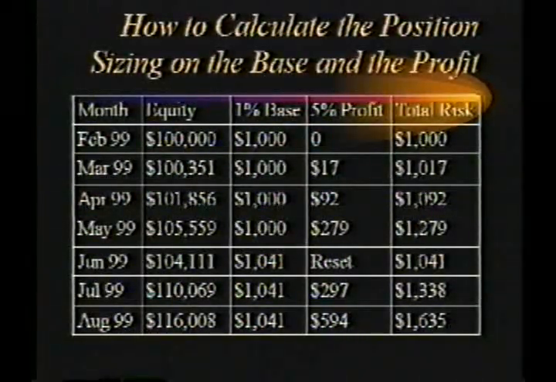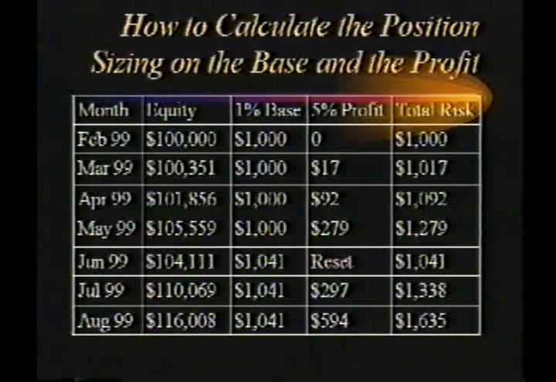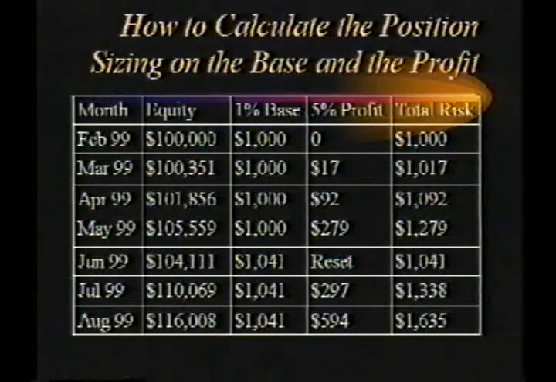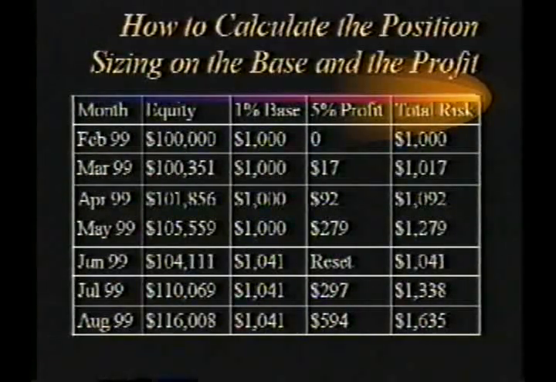In March, our portfolio is now worth $100,351. We have $351 of profit. Our base is, again, 1% of the base. So you have $1,000 risk on the base, $17 risk on the profit. So you're now risking $1,017 per position.